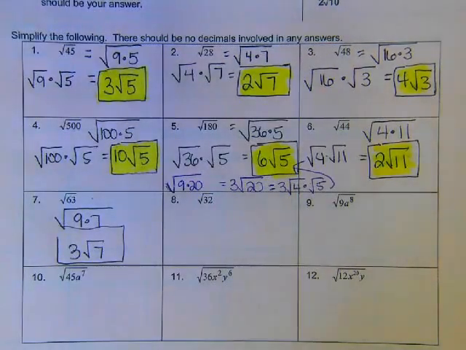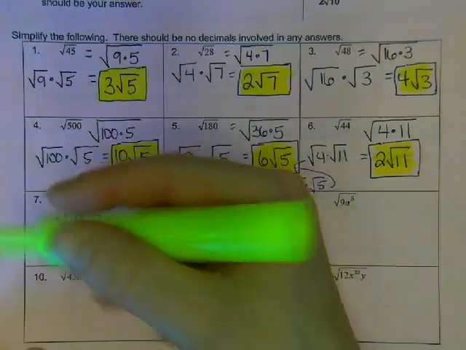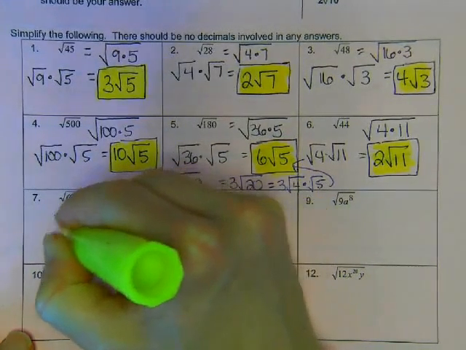But again, the goal is, can you do 90 times 2 to get 180? Yes. Is it going to benefit us to take perfect squares out? Nope. Okay. So in this lesson, when we're simplifying, I want you to pick the highest perfect square that goes in.